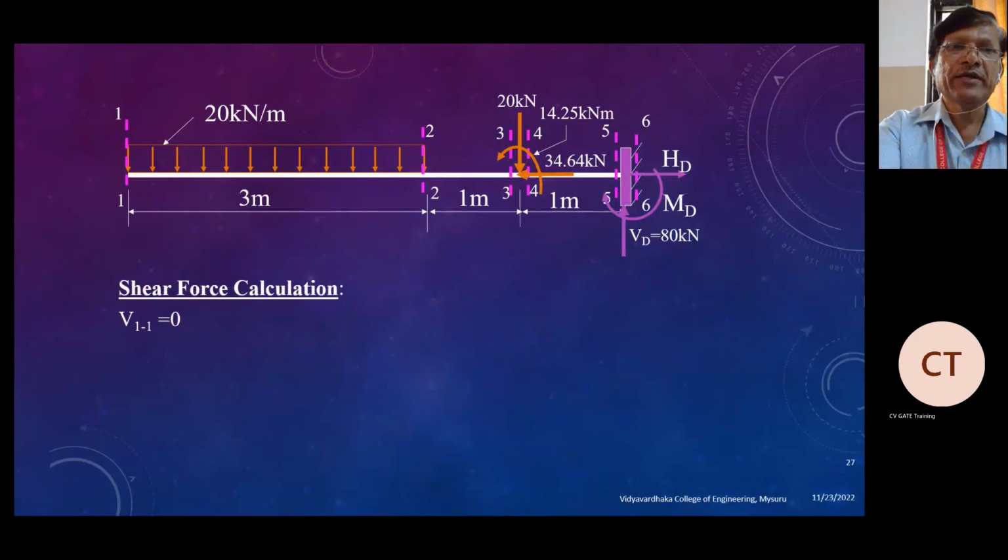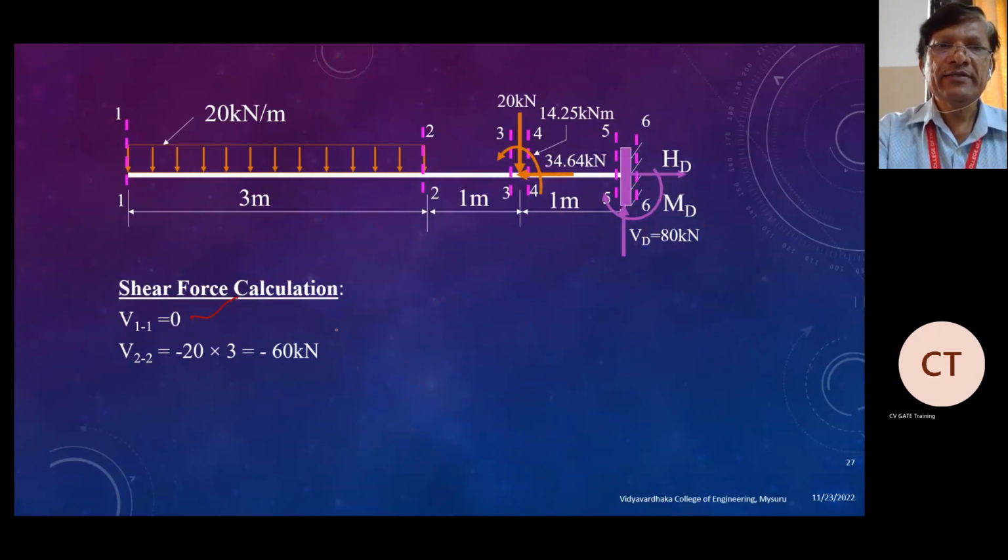Shear force at 1, there is no other force on the left side of that one, so that will be 0. If you take V2 at the point here, what are the forces acting? That is 20 into 3, that is 60 kilonewton. So the shear force at 2 will be 60 kilonewton.